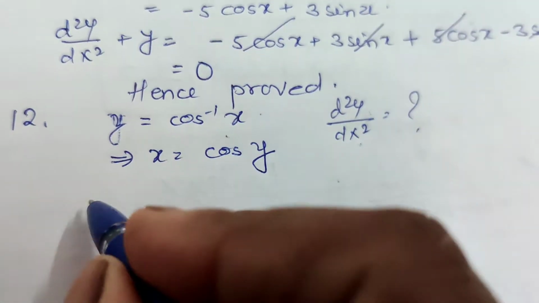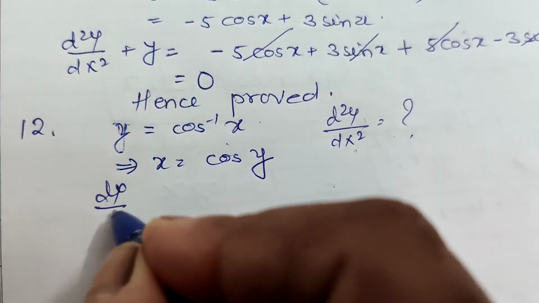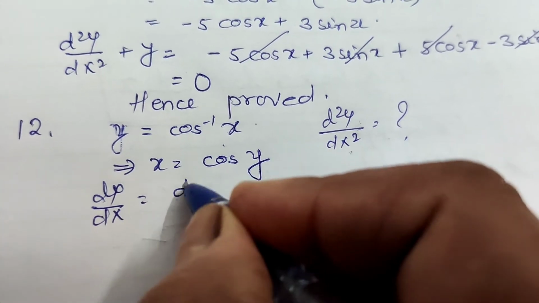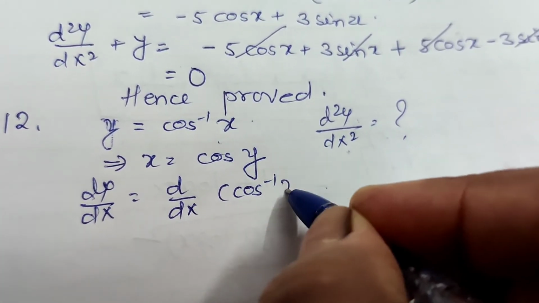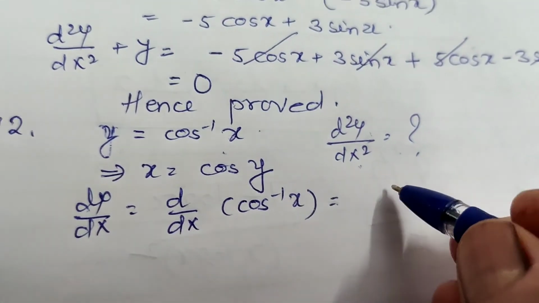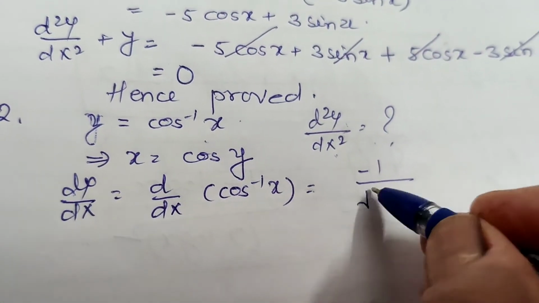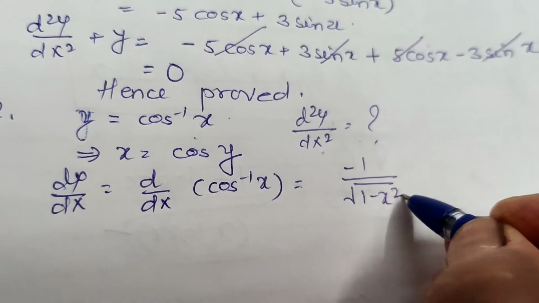Now differentiate: dy over dx equals d over dx of cos inverse x, which is equal to minus 1 upon under root 1 minus x square.